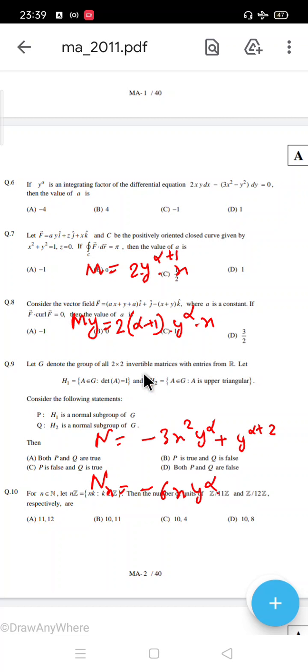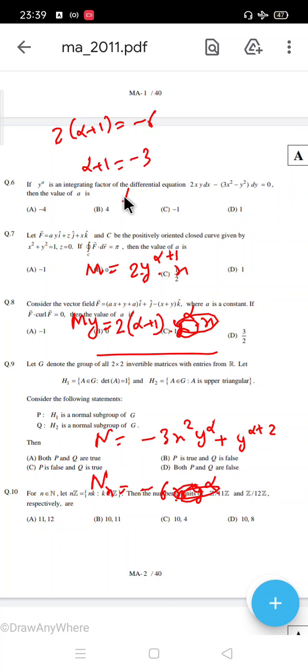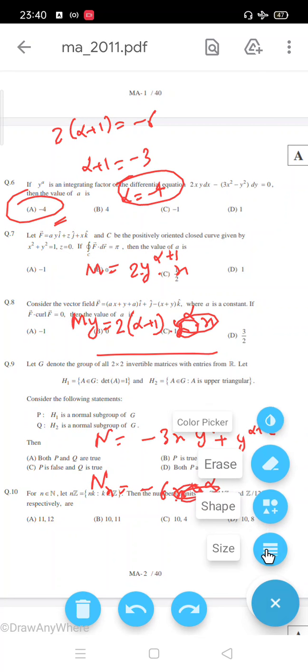Correct. So let us compare these two things. Forget x and y raised to alpha. So I am having 2 into alpha plus 1 equal to minus 6. So alpha plus 1 equal to minus 3. So alpha equal to minus 4. So which option? Option E is the correct one. Nice.